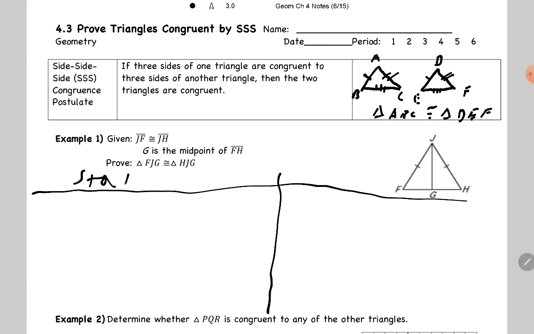Statement, reason. Okay, number 1. Always start off with what you're given. So JF, the segment, is congruent to the segment JH.